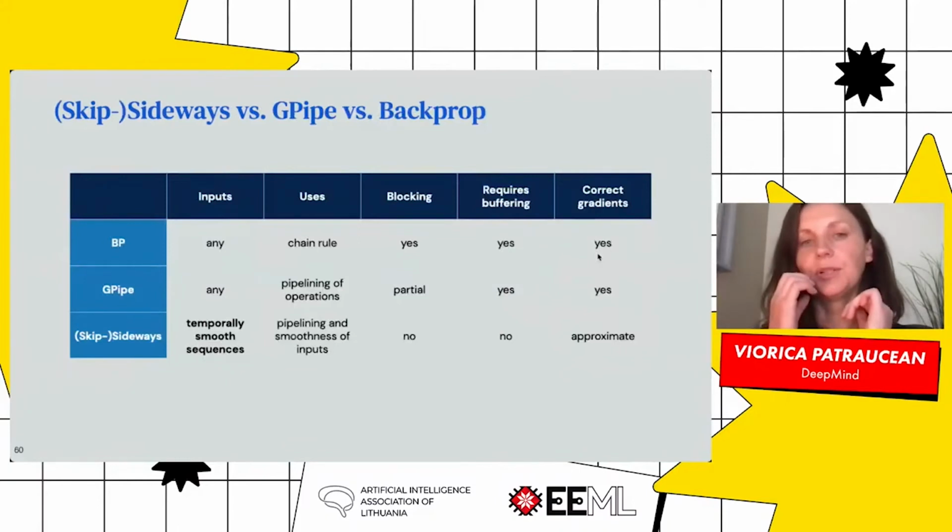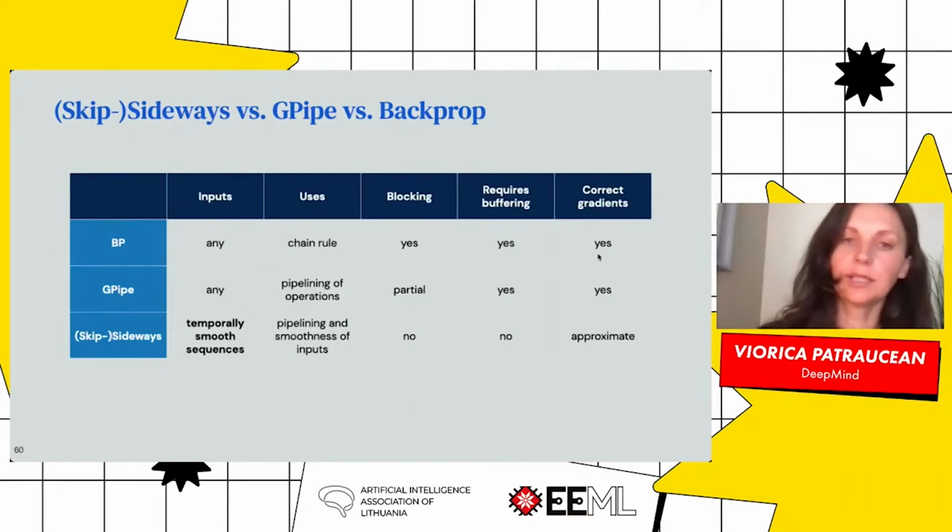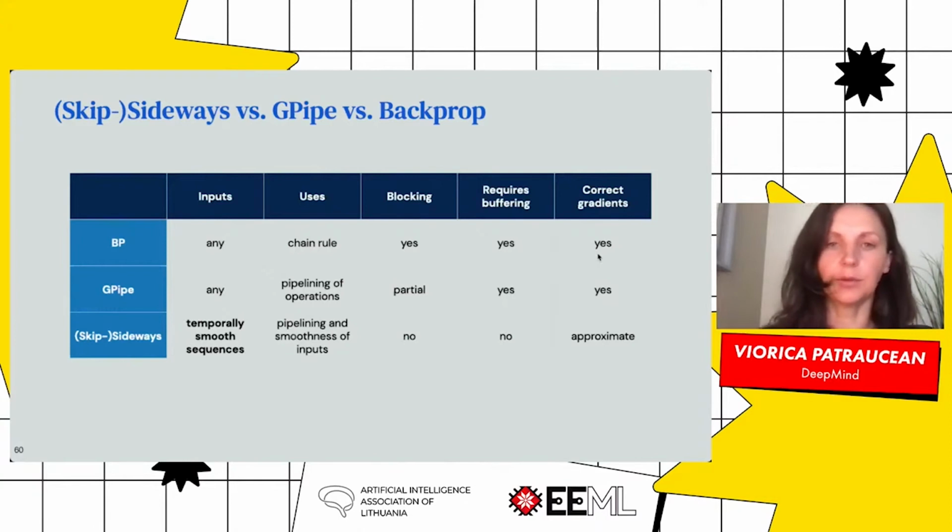So, just a brief comparison between the models that I've shown. We have backpropagation, the GPipe work that I've mentioned from Google, and then Sideways or Skip-Sideways from our team. We could say that backprop and GPipe are more general in the types of inputs that they can process.